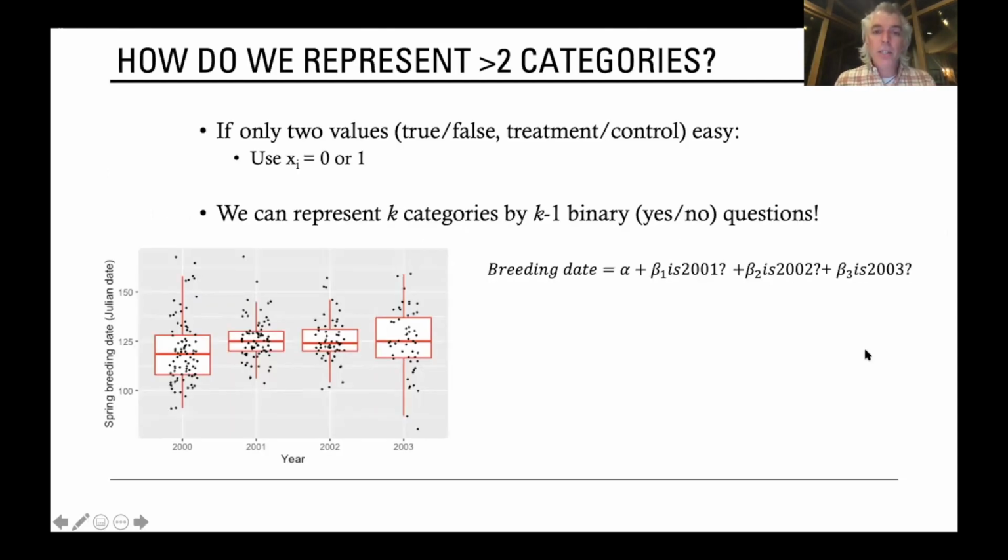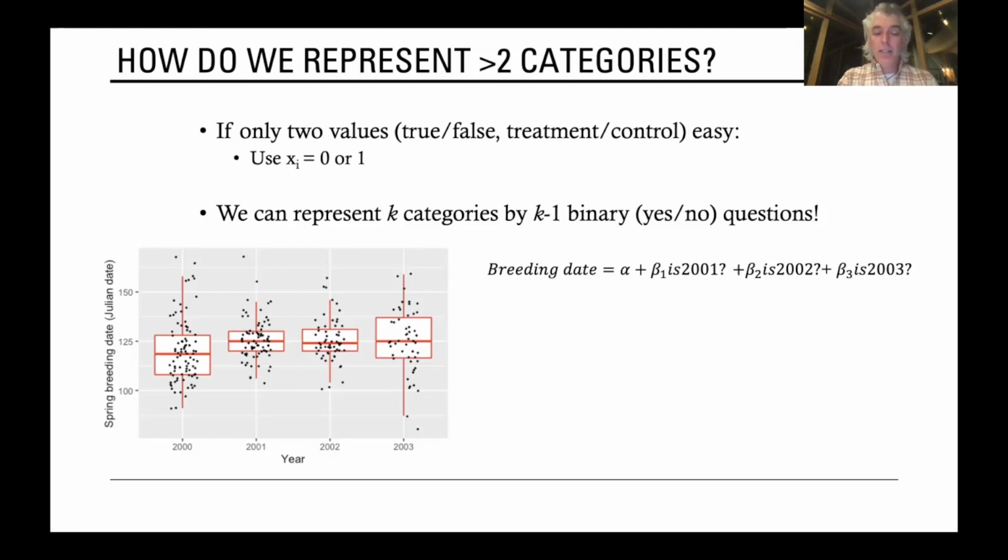In order to understand how we can expand this basic idea to more than 2 levels within a categorical predictor, we need to understand that we can still use these series of yes/no questions represented by the binary categorizations of 0 for no and 1 for yes, and that we can represent k categories by k-1 binary questions.